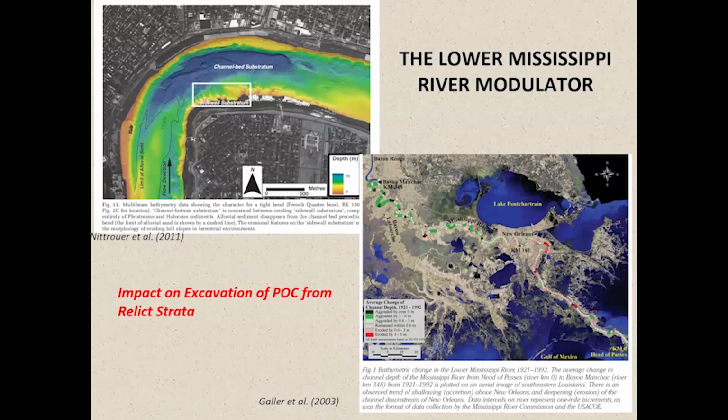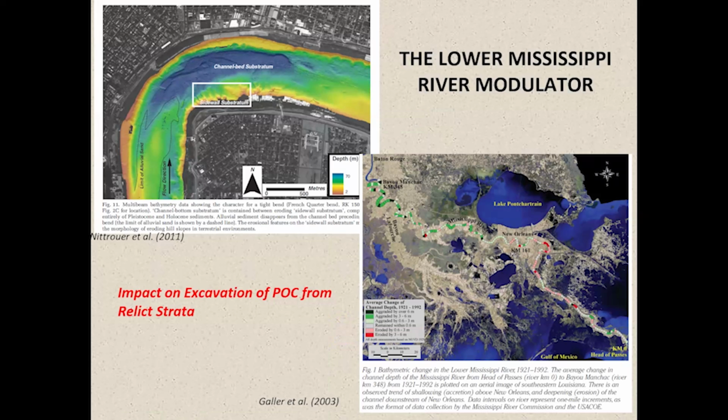Okay. This is another thing I would like to leave out there as a possible thought. This is some work that Tom Bianchi and I did a long time ago, and some later work that Jeff Nittrouer, when he was a student of mine, did.